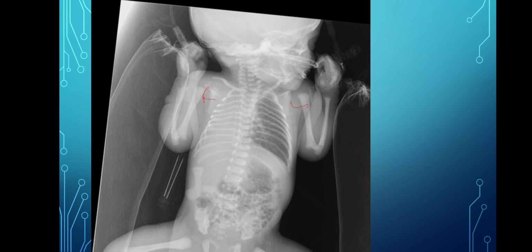There is crowding of ribs, and there is a white homogeneous opacity throughout the right side, from the upper end to the lower end of the chest field. So there is a dense homogeneous opacity throughout the right side with crowding of the ribs. So the diagnosis is mostly lung aplasia or agenesis.